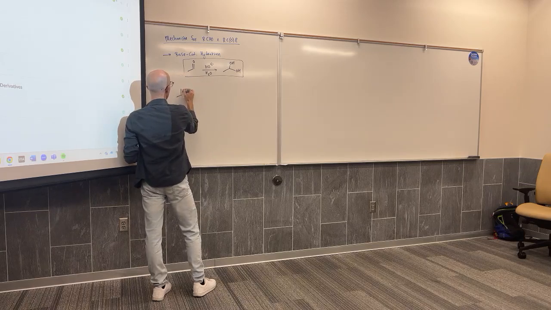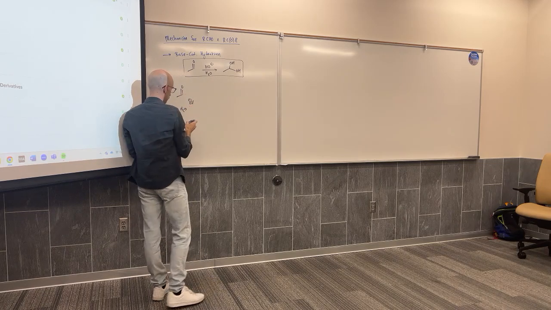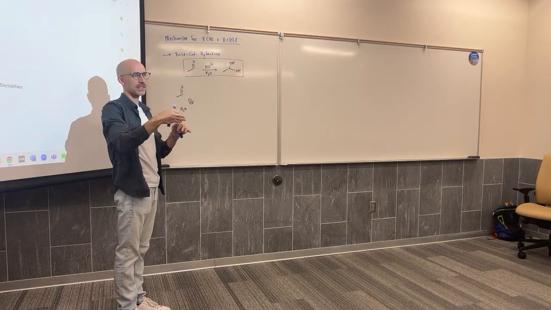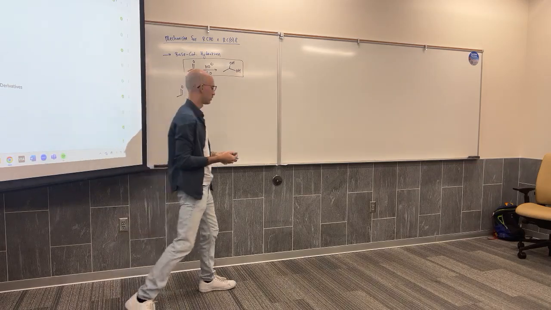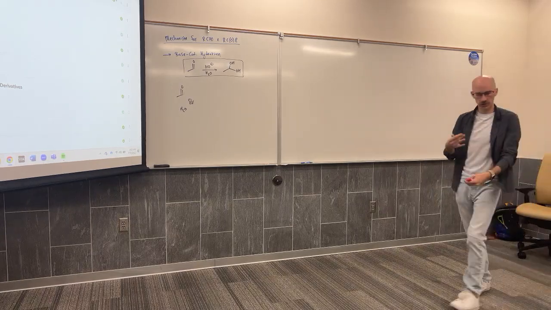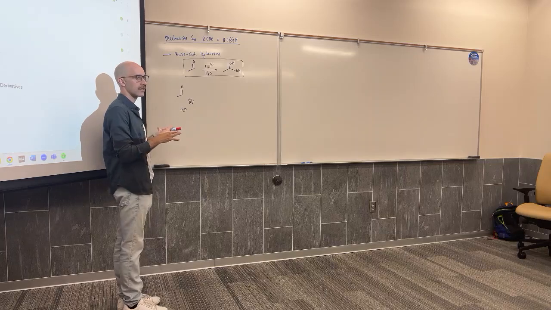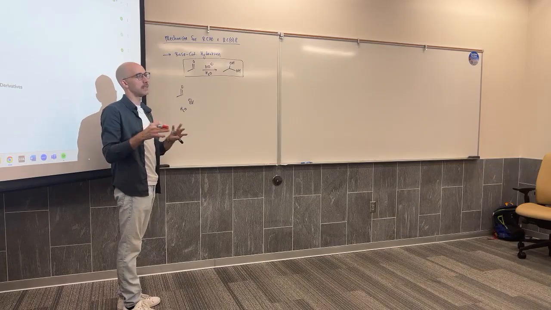In these basic conditions, I'm going to draw my mechanism here by having each reagent that will have a relevant role drawn throughout the entire thing. You could show just what's necessary at each point. In basic conditions, there's nothing to be protonated.